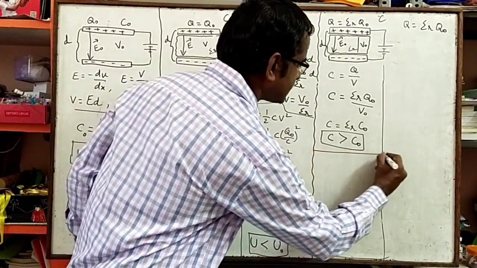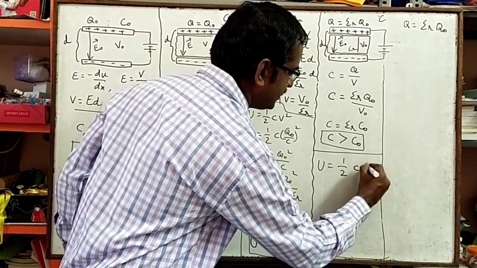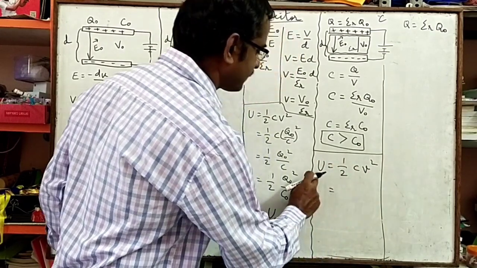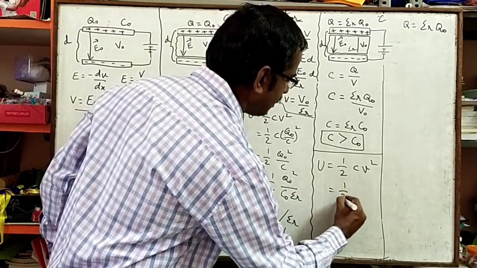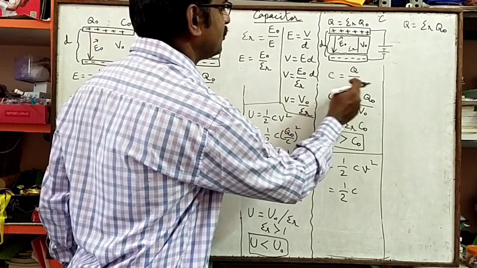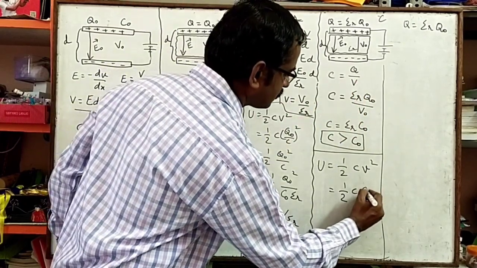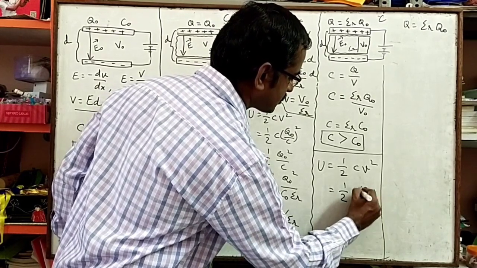Now let us discuss this energy. We have U is equal to half CV square. This is the energy of the capacitor. What is V here? V is equal to Q by C. So V square is Q by C whole square.